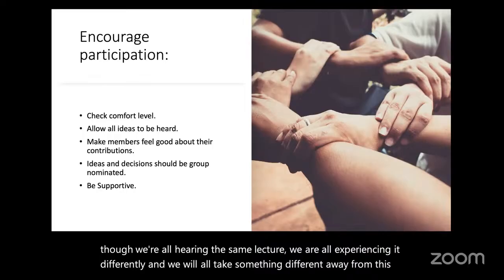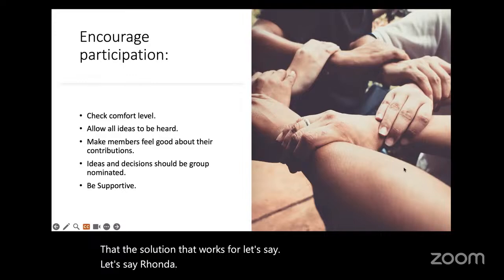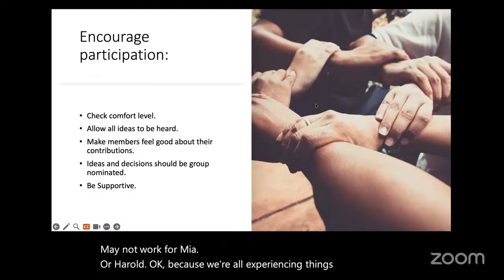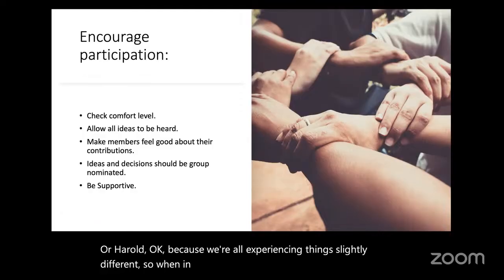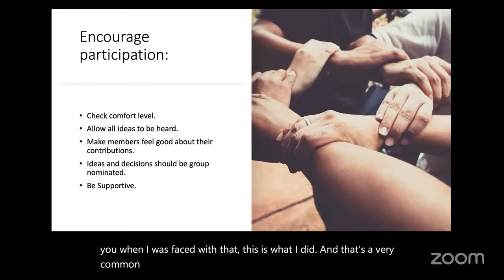We will all take something different away from this experience, which means that the solution that works for, let's say, Rhonda may not work for Mia or Harold, because we're all experiencing things slightly differently. So in the group setting, when a group member says, "When I was faced with that, this is what I did," that's a very common and very human response.